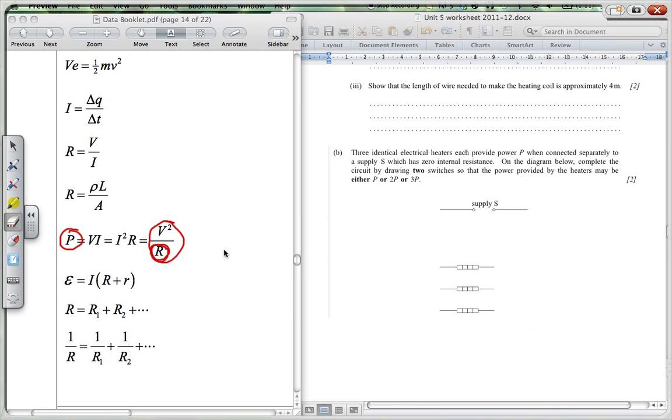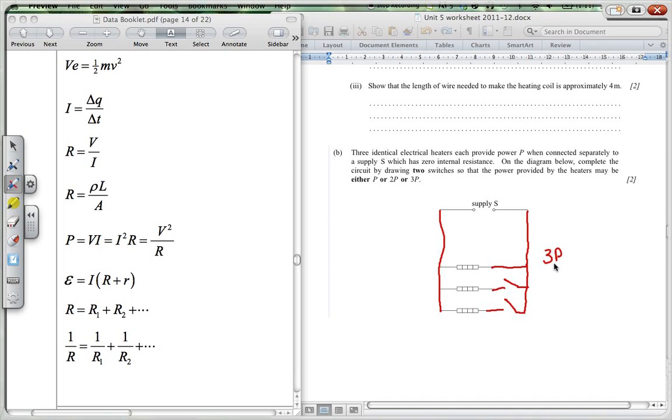So let's put them in. Basically what I'm trying to do here is, there are different ways of doing this. Sorry, my line drawing's not too good. I could put that in like that, and then I could have one open there, and I could have another one open like that. Now in this configuration you would have a power of 3P.